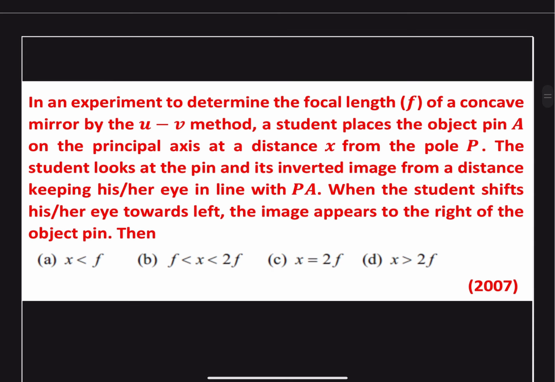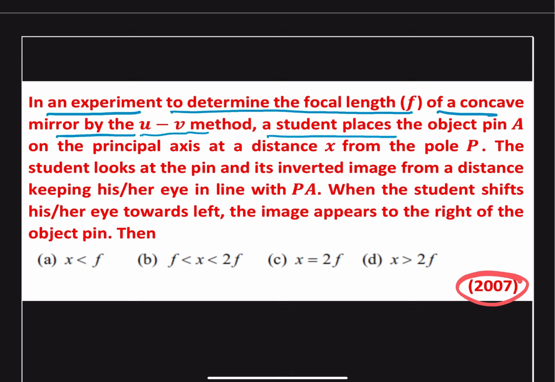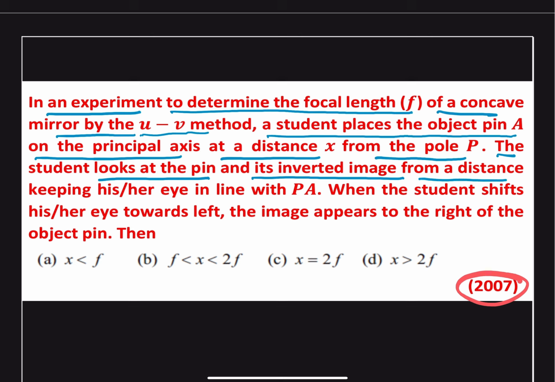Next question. It was asked in the year 2007, and it states that in an experiment to determine the focal length f of a concave mirror by the UV method, a student places the object pin A on the principal axis at a distance x from the pole P. The student looks at the pin and its inverted image from a distance, keeping his or her eye in line with PA.